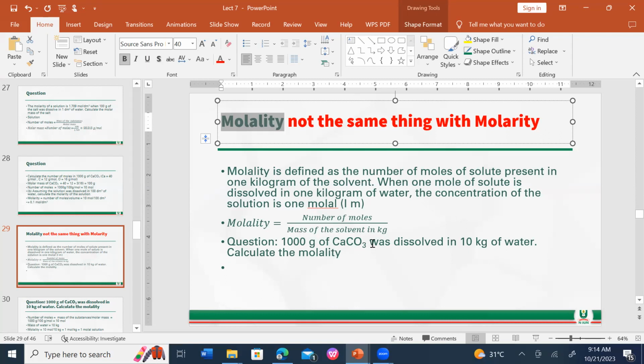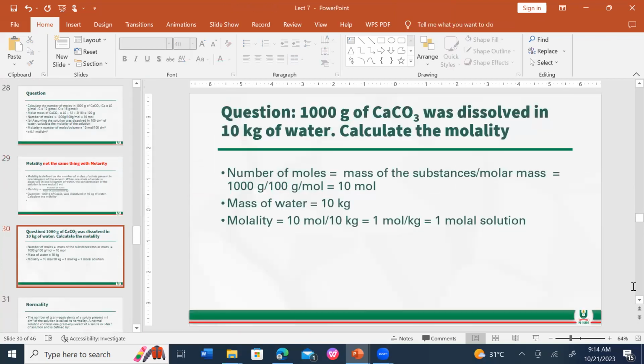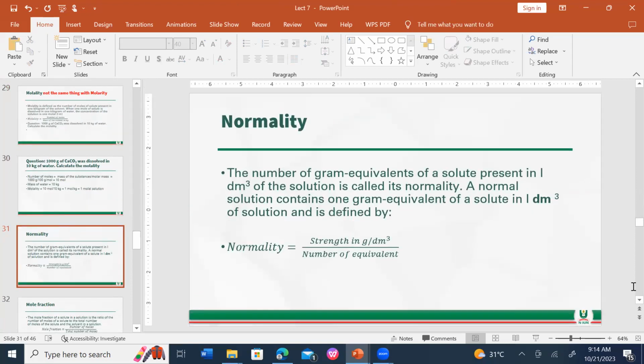So it will be 10 moles. Now the number of moles is 10, and the mass of the solvent is 10 kilograms, which means the molality is 1. So the working is shown here, and I'm sure you have the PowerPoint already. So now we move to normality.